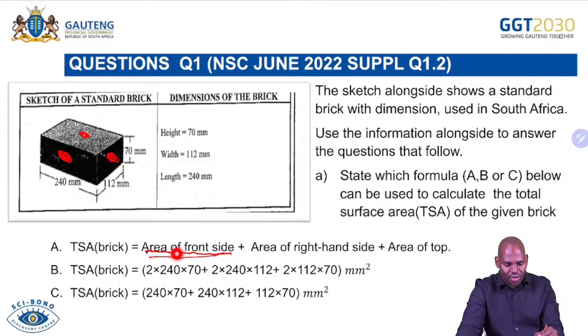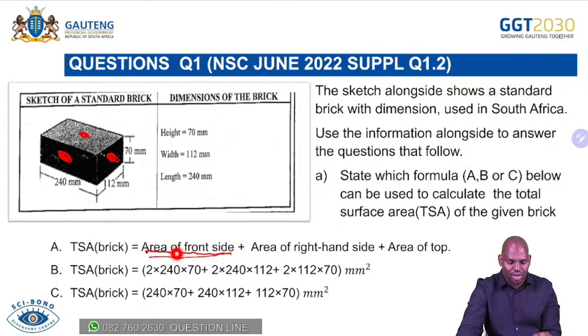So according to the first option, it's the sum of 3 faces: the one in front, the one on the right hand side, and the one on top. So you can see immediately that this is not correct.